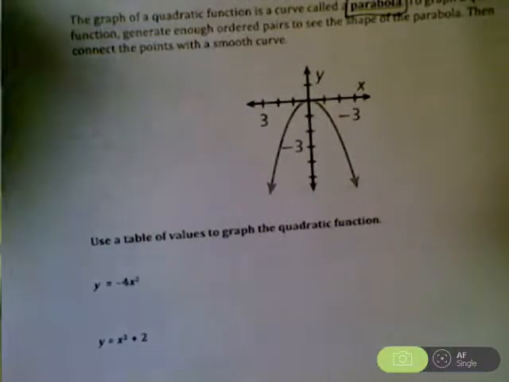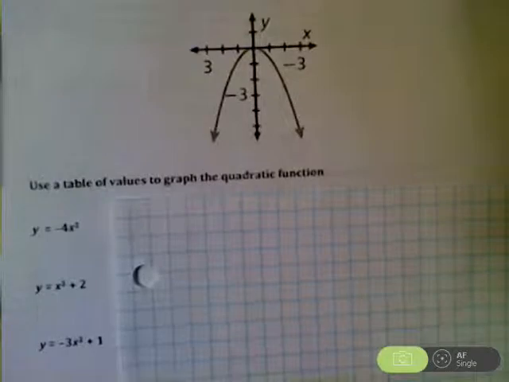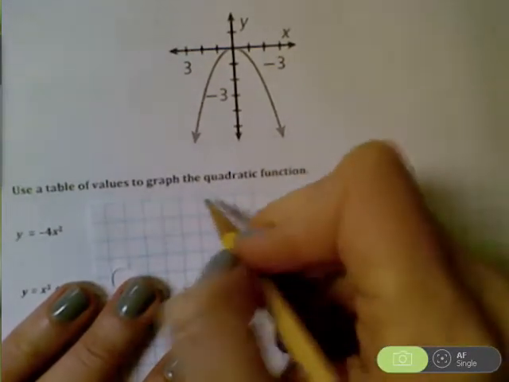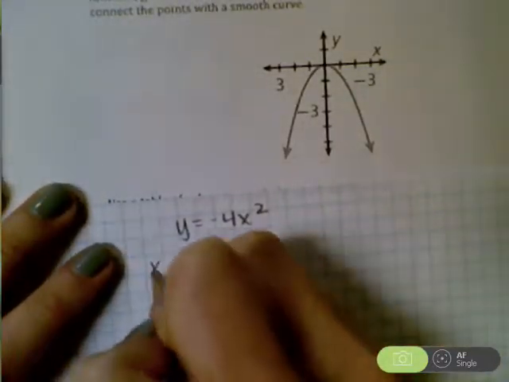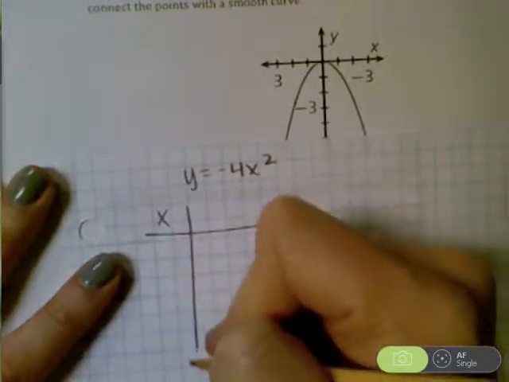So this is where you need your graph paper. We're going to graph a couple of these quadratic functions. Graphing quadratic functions is no different than graphing linear functions that we've done in the past. You're going to take the equation that's given to you, and like the instructions say, you're going to use a table of values, which means you're going to choose values for x.